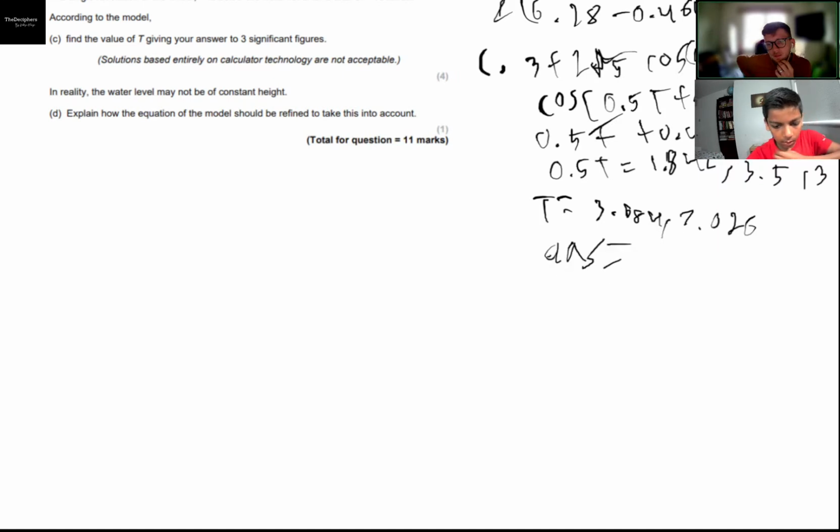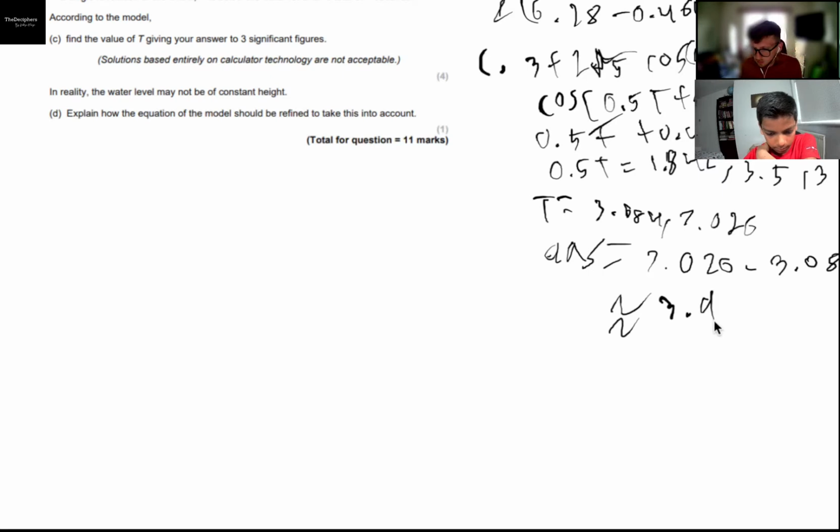Those are the 2 times at which the point P is equal to 0. So in between those 2 times it's going to be below the water. So then just take those 2 away. That's 3.942, which is approximately, because it says 3 significant figures, 3.94.